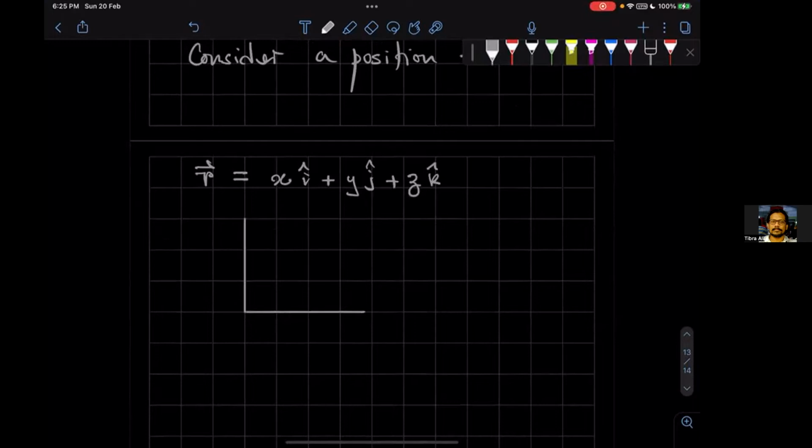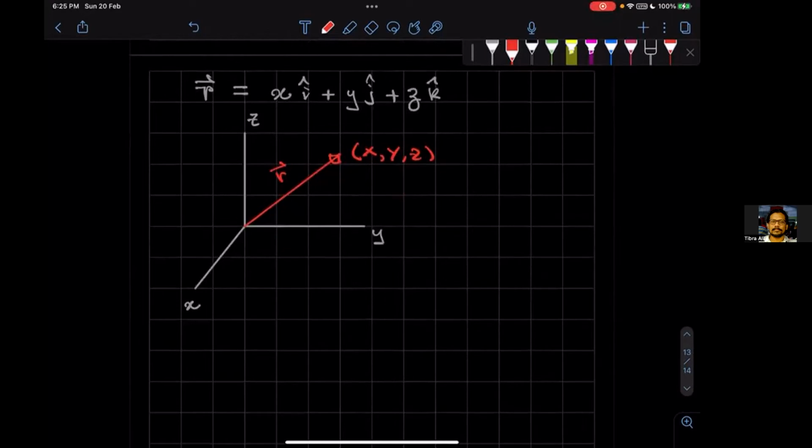That's the z-axis, that's the y-axis, that's the x-axis. And the position vector is something like this, and the coordinate of this point is x, y, and z. Sorry, I'm using the same letters for the axes and the coordinates of the points.